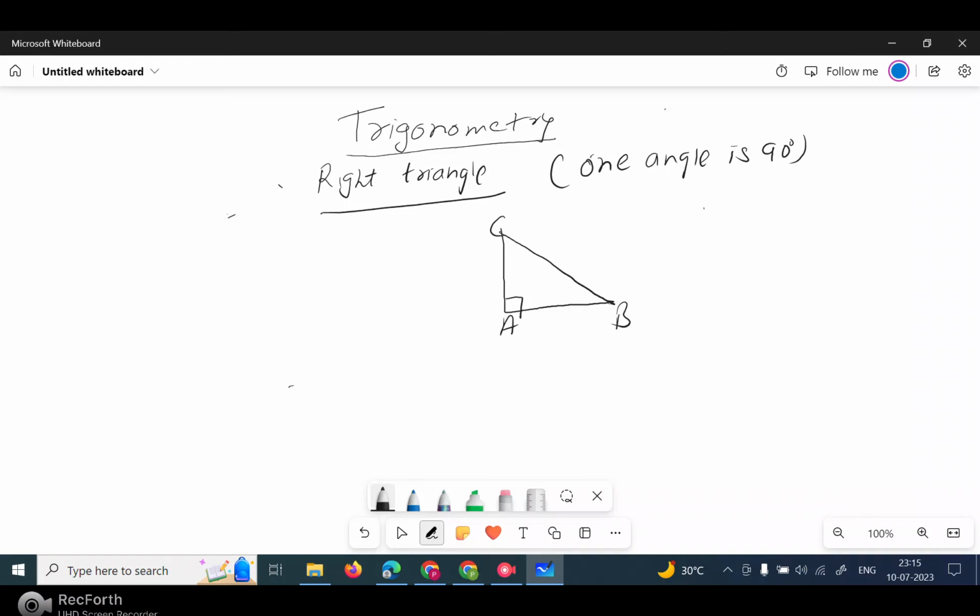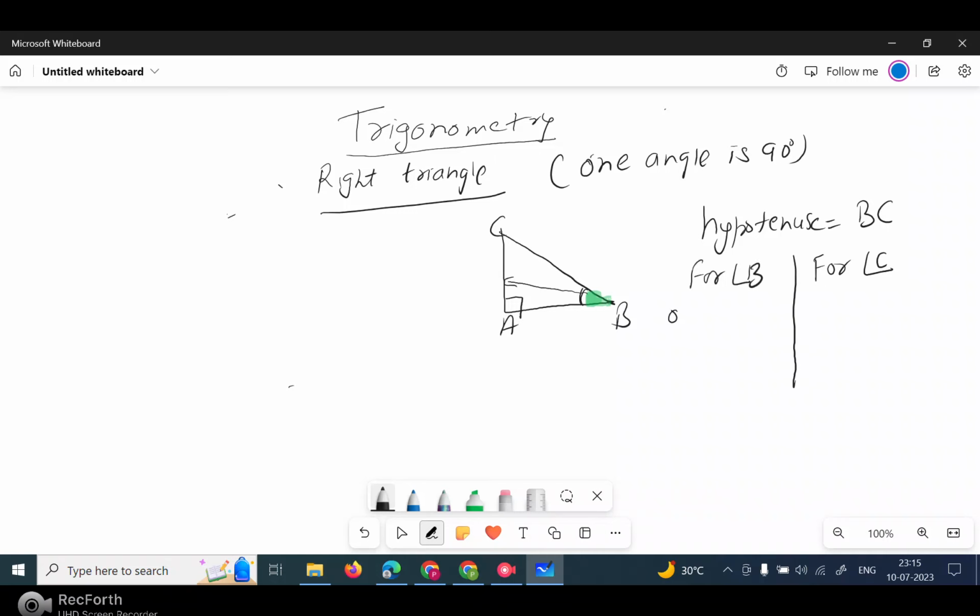ABC is right angled at A. So of course my hypotenuse is the side opposite to angle A, that is my BC side. Hypotenuse will not be changed. Now I will change things: I will talk about angle B, and then I will make two cases, one for angle B and one for angle C.